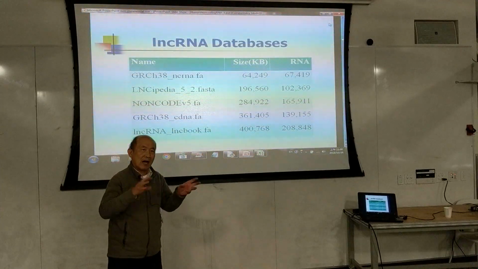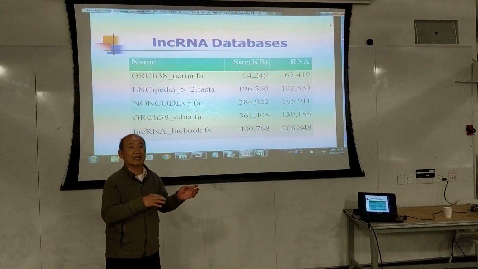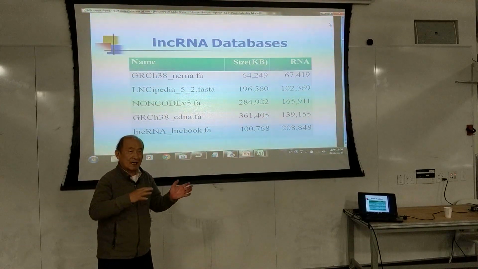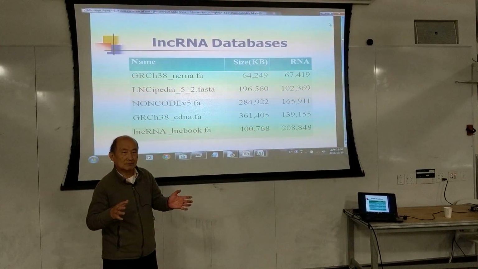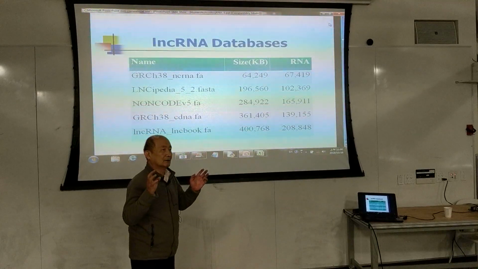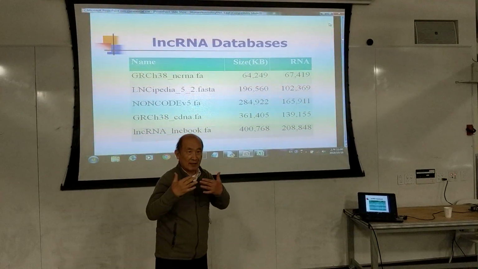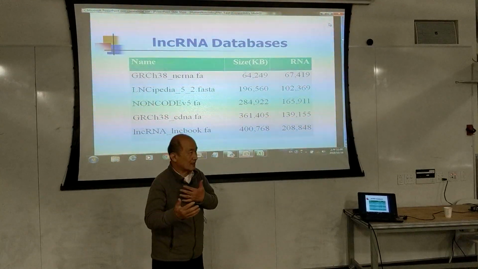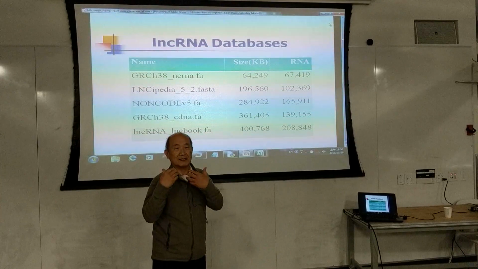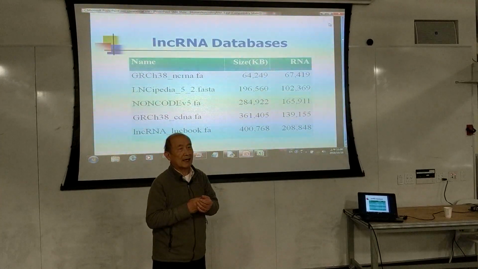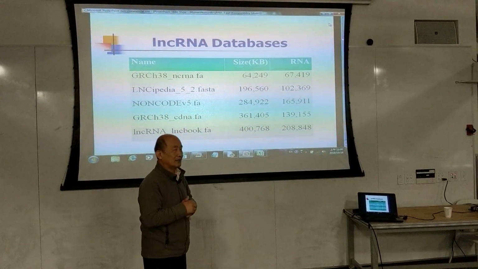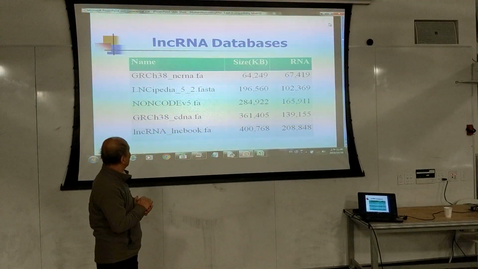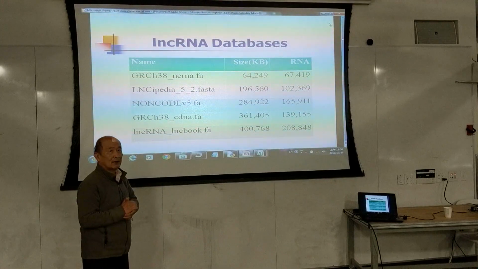So the RNA is not very stable. They get the fresh brain, extract the RNA and convert it to DNA, and the DNA is much more stable, and you can analyze the DNA at your leisure. Okay, so there is lots of data extracted from the human brain, and it is collected in the cDNA file.